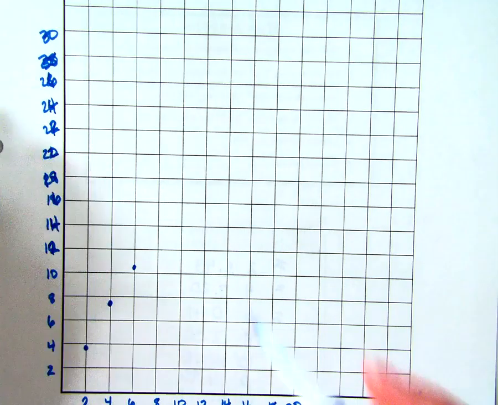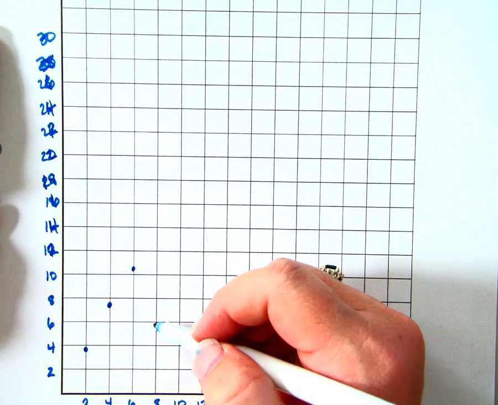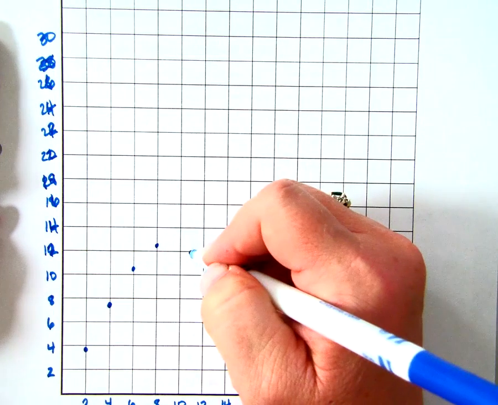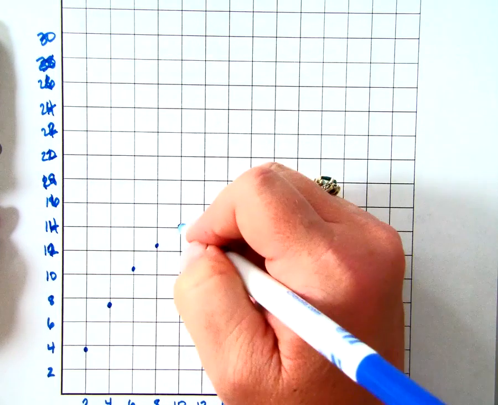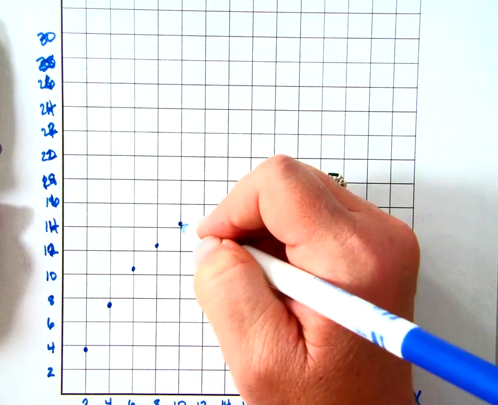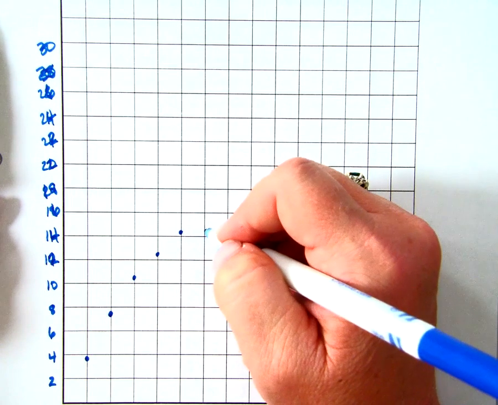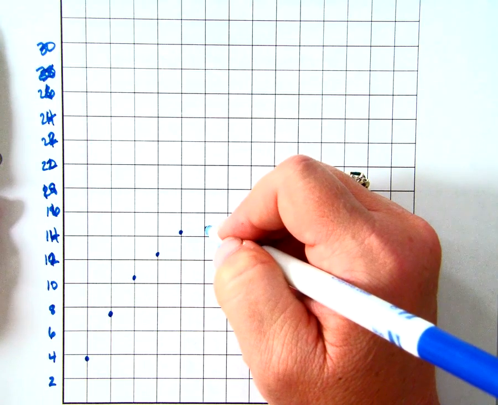Okay. 8 is 12.3. 10 is 14.10. 12 is 16.96, so almost 17.